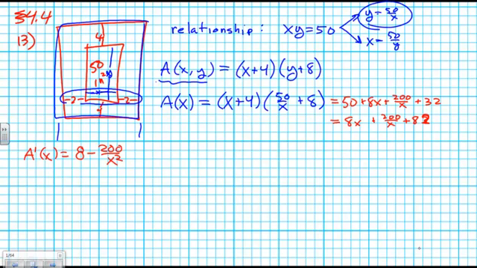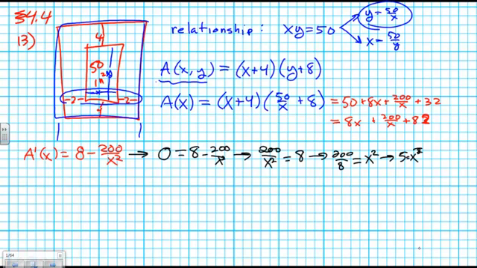Let's see. If I take that and set it equal to 0, 200 over x squared is equal to 8. That means that 200 divided by 8 is equal to... so x squared is equal to 5?